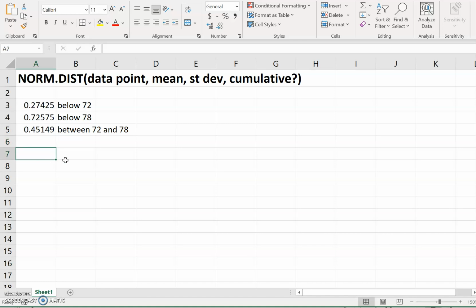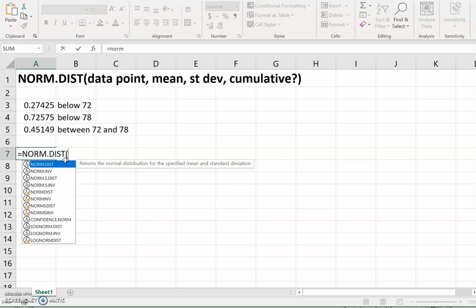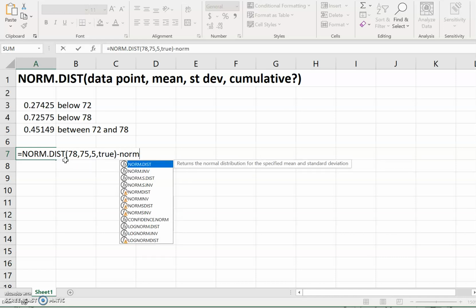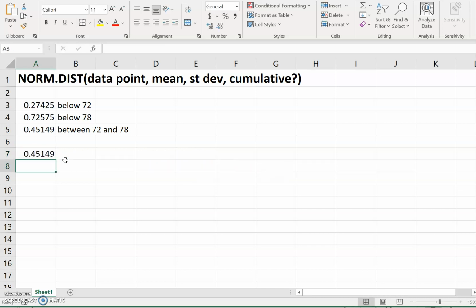Another way to do that, you could do that in one fell swoop here. So norm dist, we could say, well, let me take the 78 value, everything to the left of 78 or under 78, right? That would be this. And I could just do minus and then do it again, right? Do another one of these and then take away the part that's below 72. Of course, we're going to get the same value.